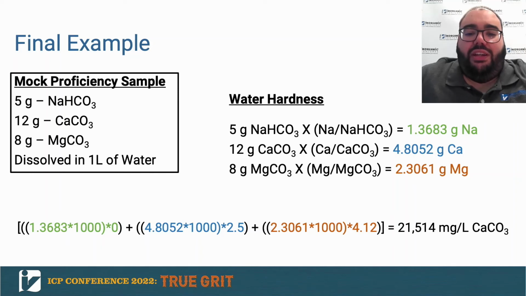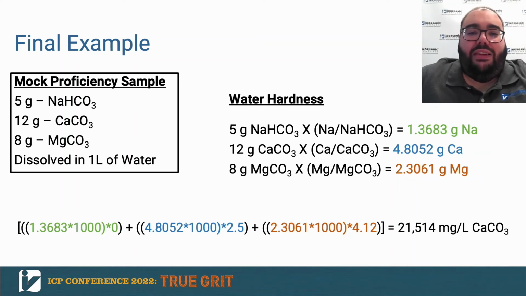The calcium carbonate should give us about 4.8 grams of calcium, and the magnesium carbonate should give us 2.3 grams of magnesium.